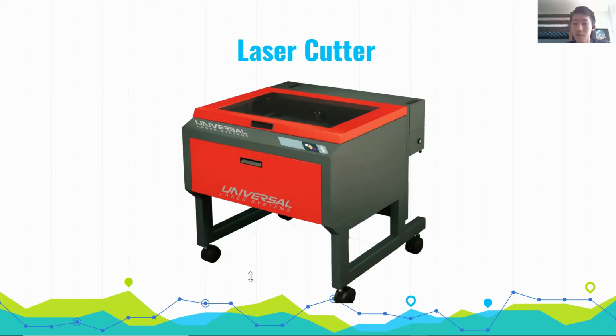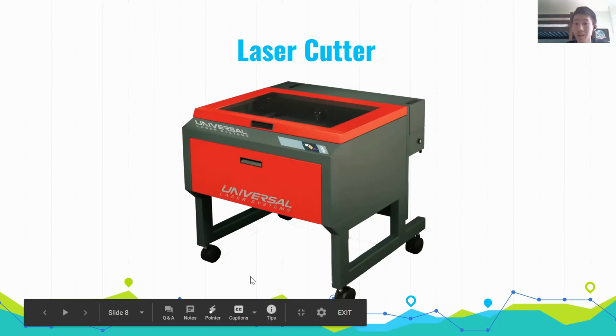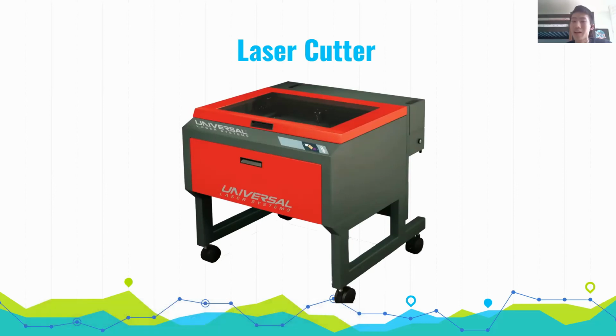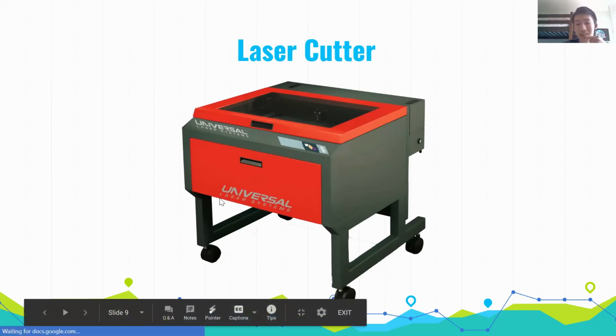The pro of using a laser cutter is that it's really fast. You can import a file, and in a few minutes you can have your part ready. So if you want to prototype really fast, a laser cutter is probably your best bet, but it is expensive to get a laser cutter.